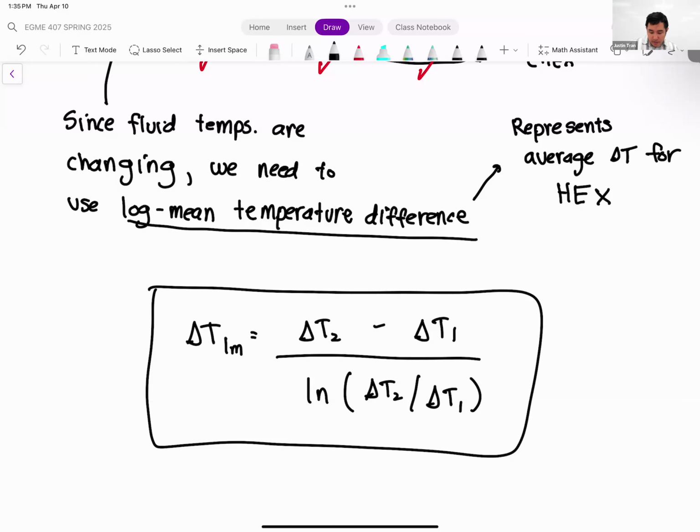So this delta T1, delta T2, what do those things represent? Those delta T1, delta T2s, they represent the difference in temperatures at a physical location of the heat exchanger.